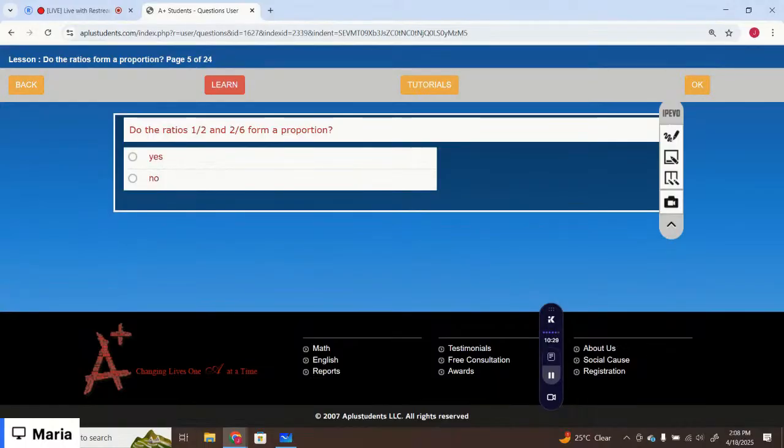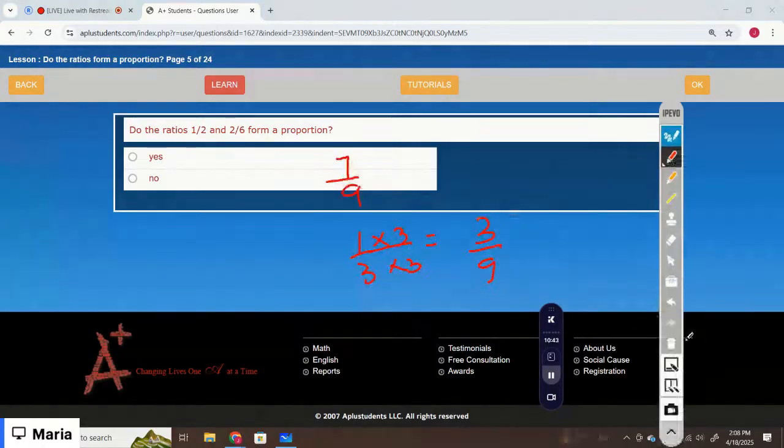Do the ratios 1 by 2 and 2 by 6 form a proportion? 1 by 2 and 2 by 6.